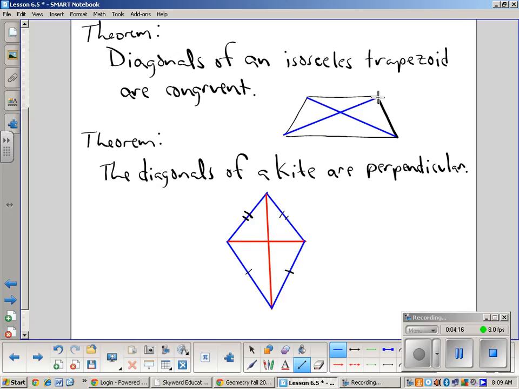Okay, not true of all trapezoids, only true of isosceles trapezoids. Okay, now yesterday I said something about congruent diagonals and a rectangle, and I think I may have not said that clearly enough. What I meant to say is, if we know we have a parallelogram and we make the diagonals congruent, then it has to be a rectangle. Okay?